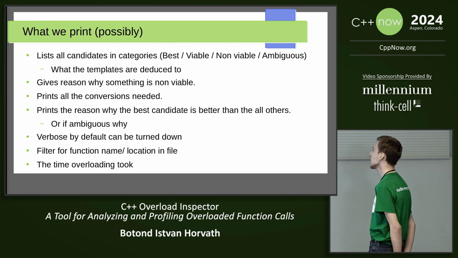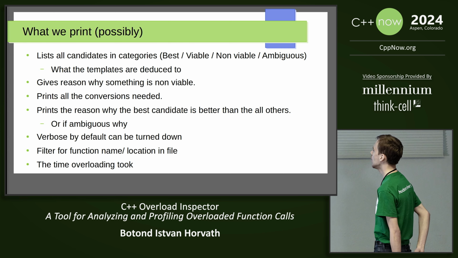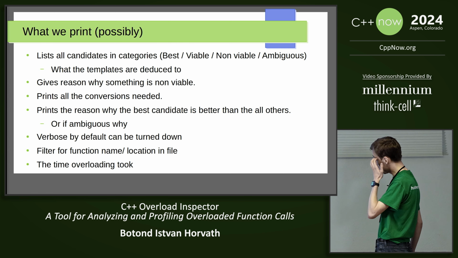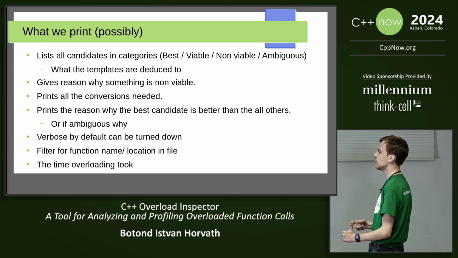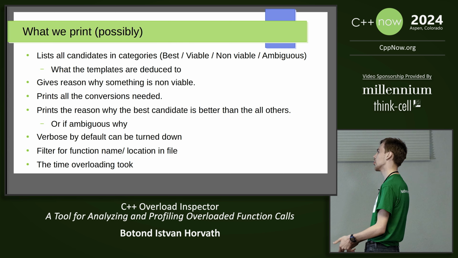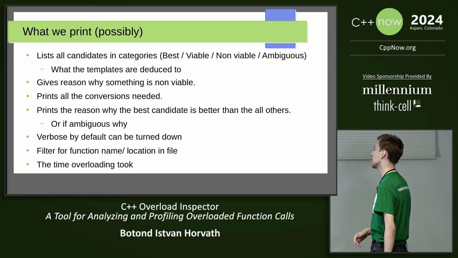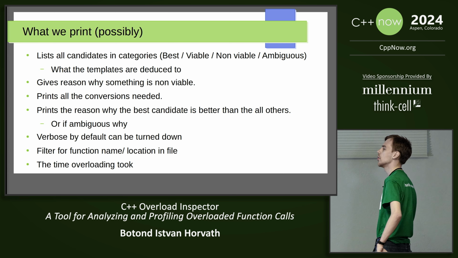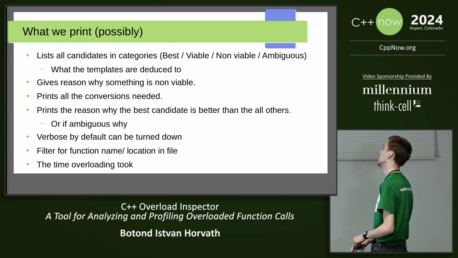And it gives information about what the templates were deduced to, and it prints a lot of information about the conversions, so at which place, from which type, we needed to do an implicit conversion to another type. And it gives reasons why a candidate was non-viable.